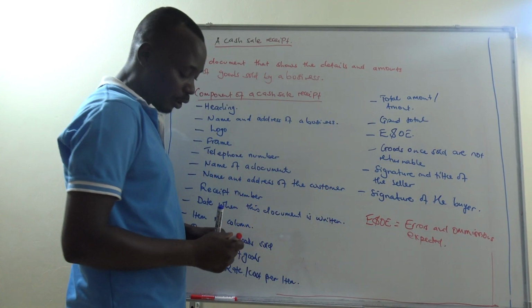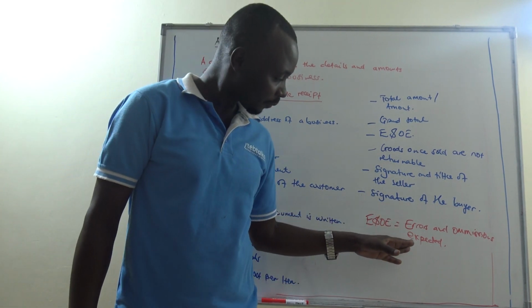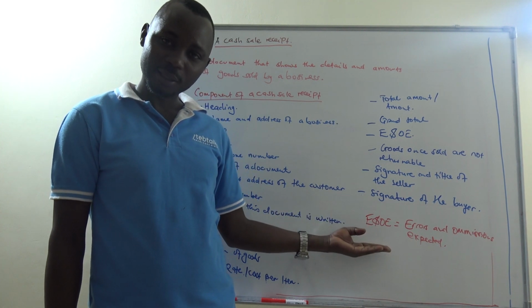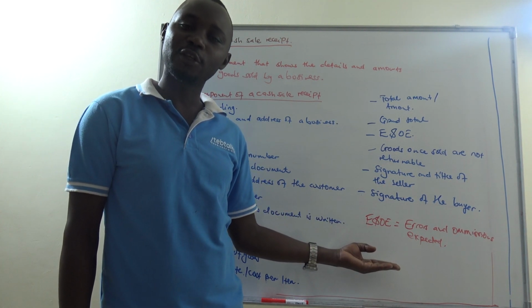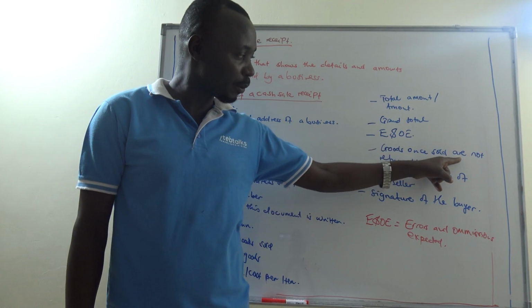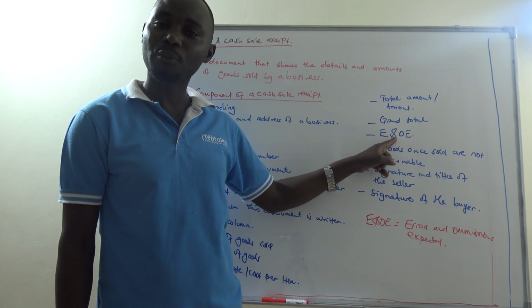That when you sell your goods and the goods you have sold are not supposed to be returned back, but you have to give a provision that goods once sold are not supposed to be returned back unless there is an error and an omission.